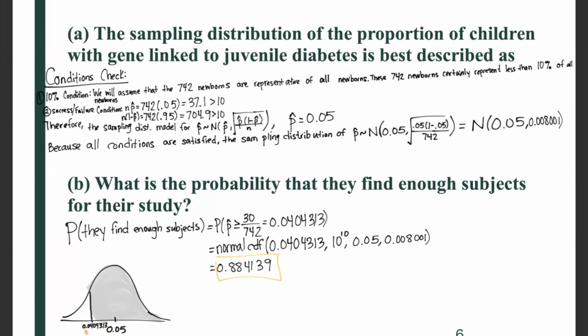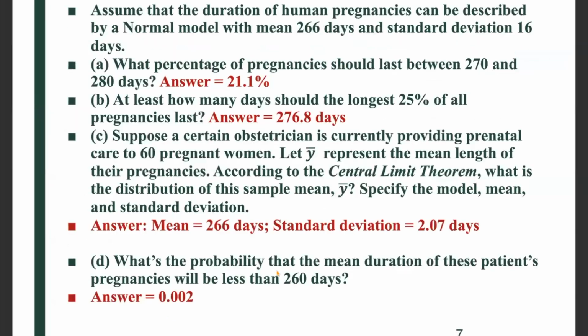Our lower bound is 30 over 742, or this decimal here, and our upper bound is infinity, or 10 to the 10. Our mean is 0.05, and our standard deviation we found from above, which is 0.008001. Once you put that in your calculator, you'll get that this area under the curve is 0.884139.